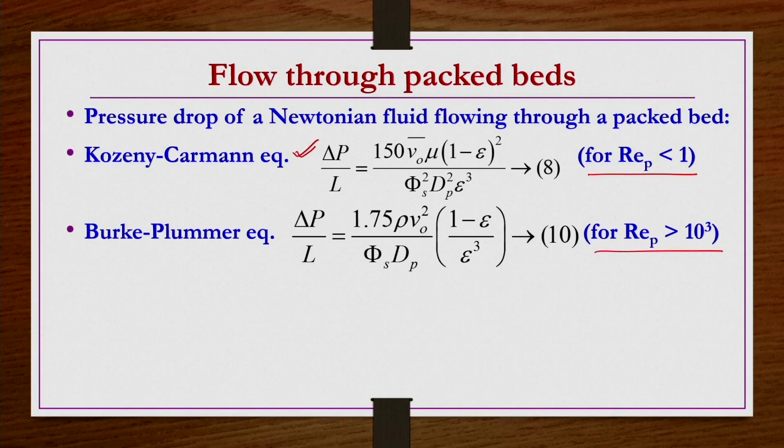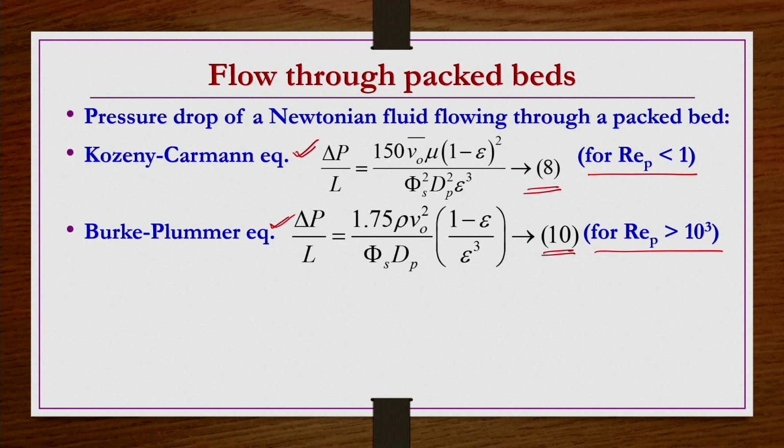Equation number 8 indicates the contribution of the viscous losses in the total pressure drop for a fluid flowing through a packed bed. Similarly, equation number 10 provides information about the contribution of kinetic energy losses in the pressure drop calculation for a fluid flowing through a packed bed under high Reynolds numbers.